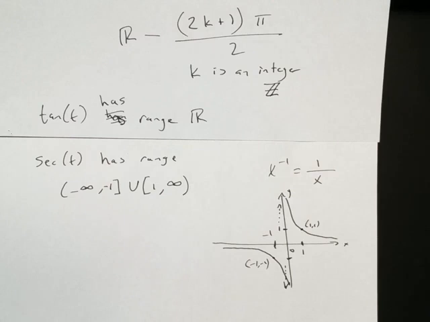Sine, cosine, secant, tangent. I've got two left, cosecant and cotangent.